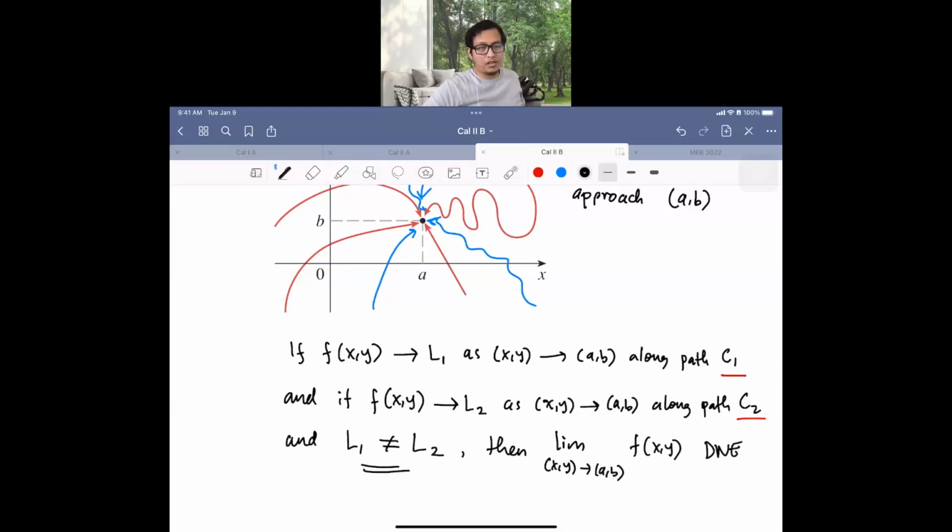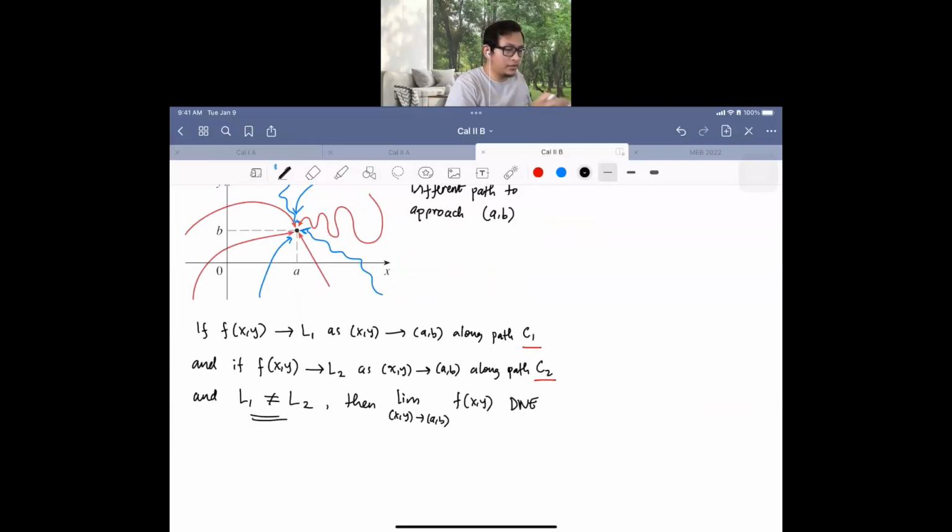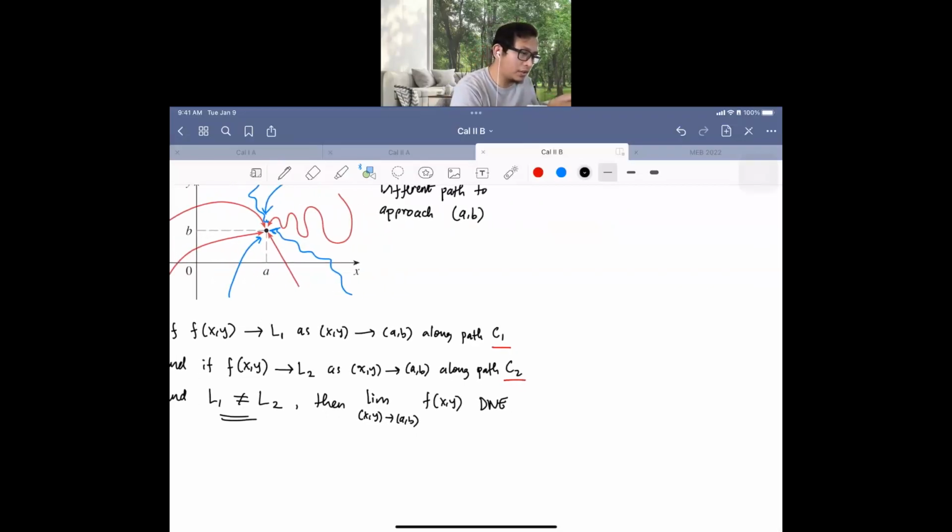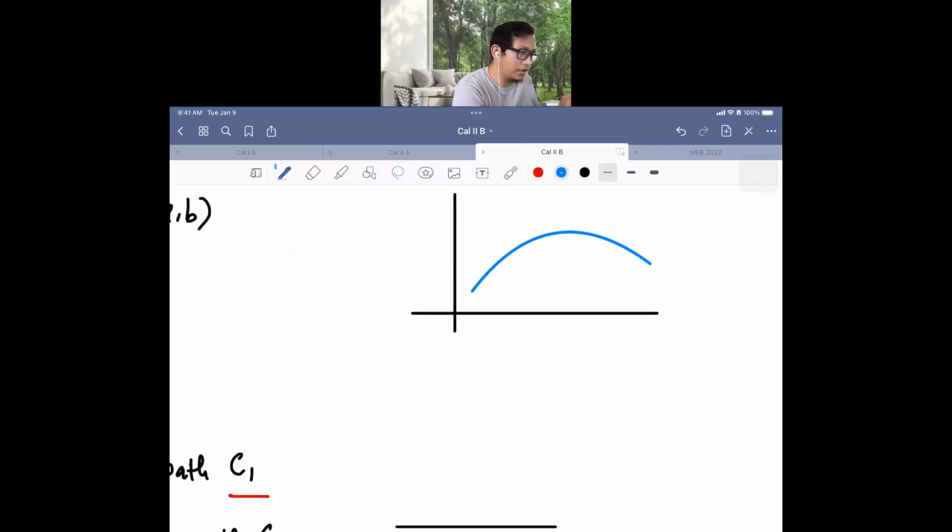Now, if you still feel a little bit confused, let's take some time to remember our definition of limit in calculus 1. In calculus 1, if you remember, let me draw a random function.